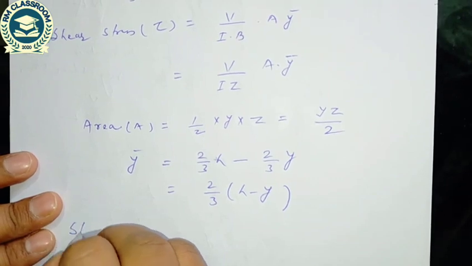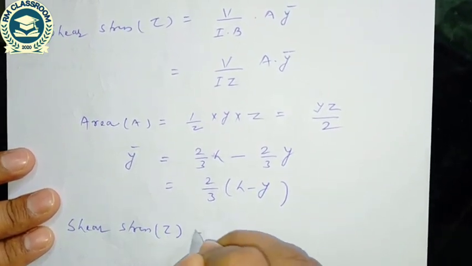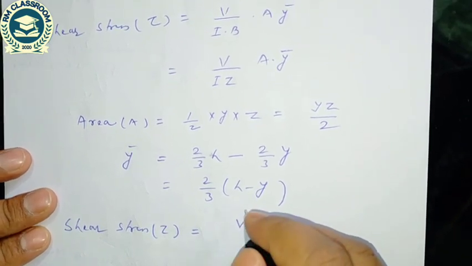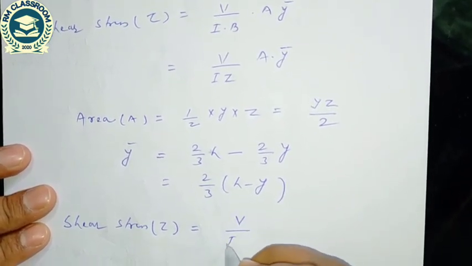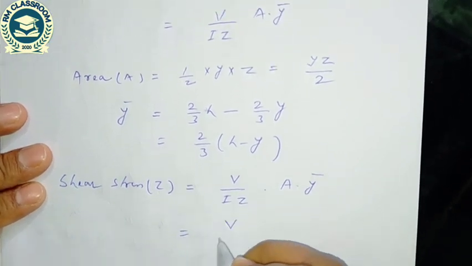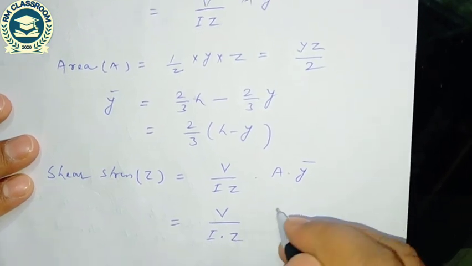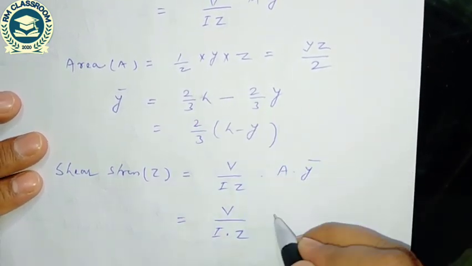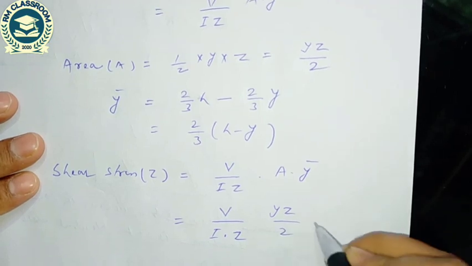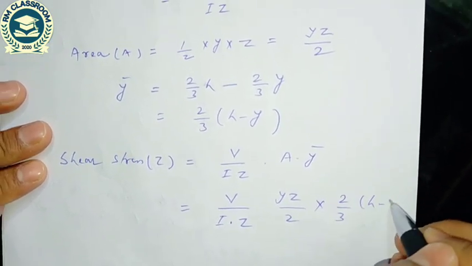So shear stress tau is equal to V upon I z into A y bar. So V upon I into z, and area is yz by 2 into y bar, which is 2/3 of (h minus y).